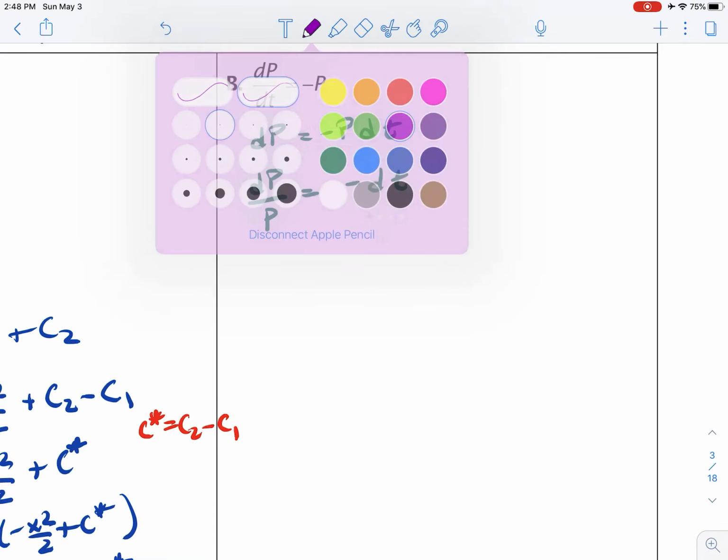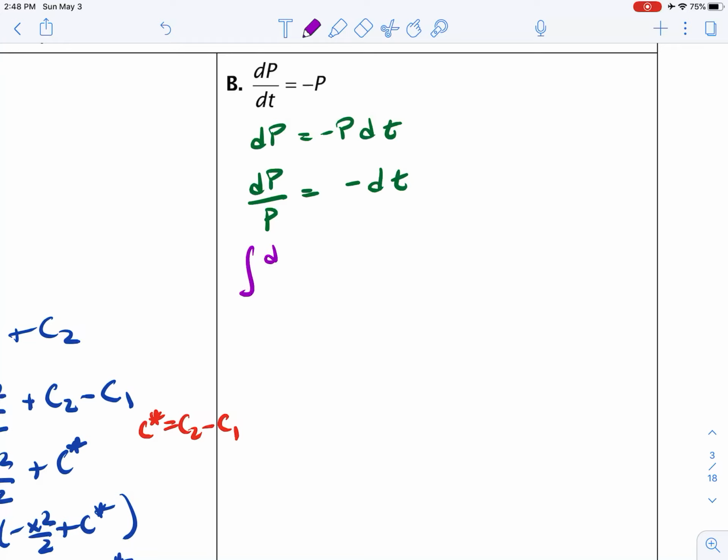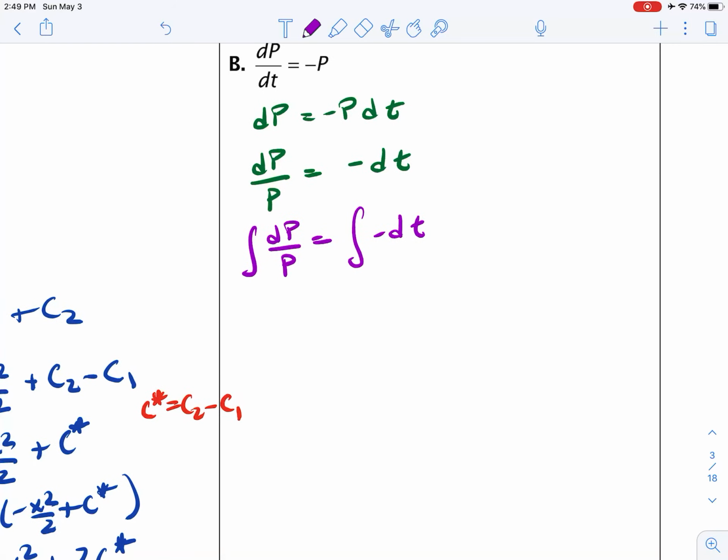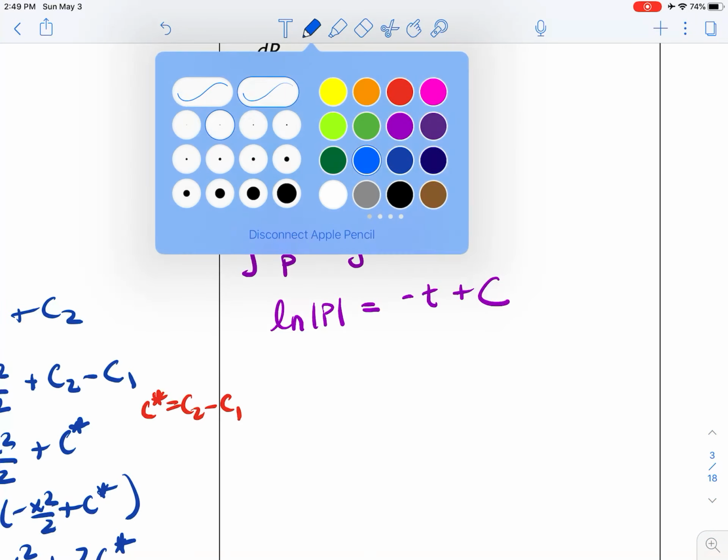I'm next going to take the integral of both sides. And then I get ln of the absolute value of p equal to minus t plus c. And if I solve for p, I can exponentiate.